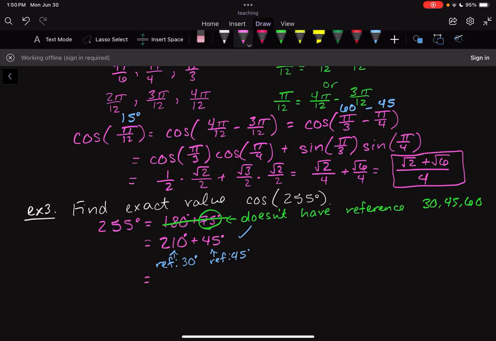We could also try 225 plus 30 degrees. This one works because 225 has a reference of 45, so that one works.